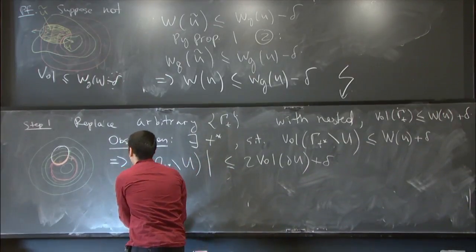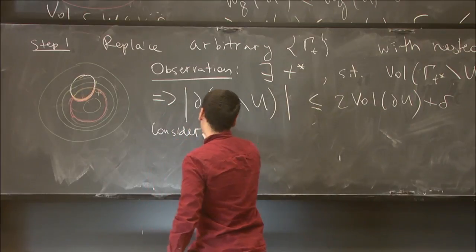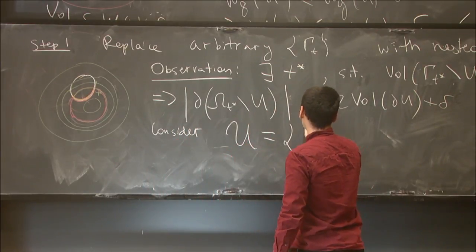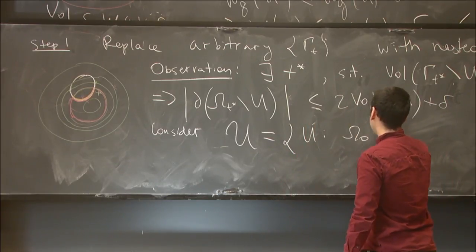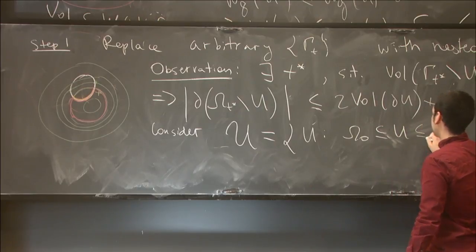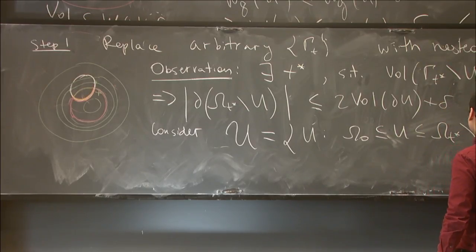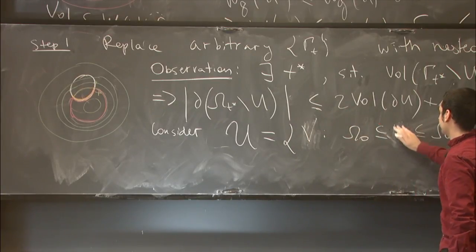Therefore, if we consider the set of all open subsets U such that omega 0 is contained in U and U is contained in omega t star take away U. Sorry, I should change this to BV.